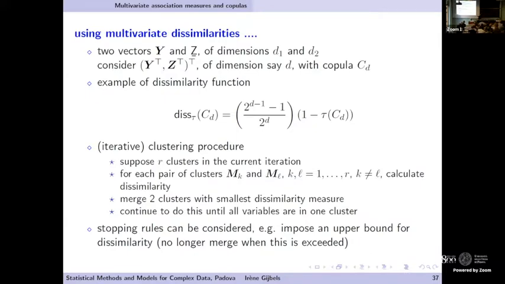The similarity measure that was used by Fabrizio, if I'm not mistaken, is actually the multivariate Kendall's tau, but instead of using that, you take 1 minus that, so you swap to the dissimilarity.